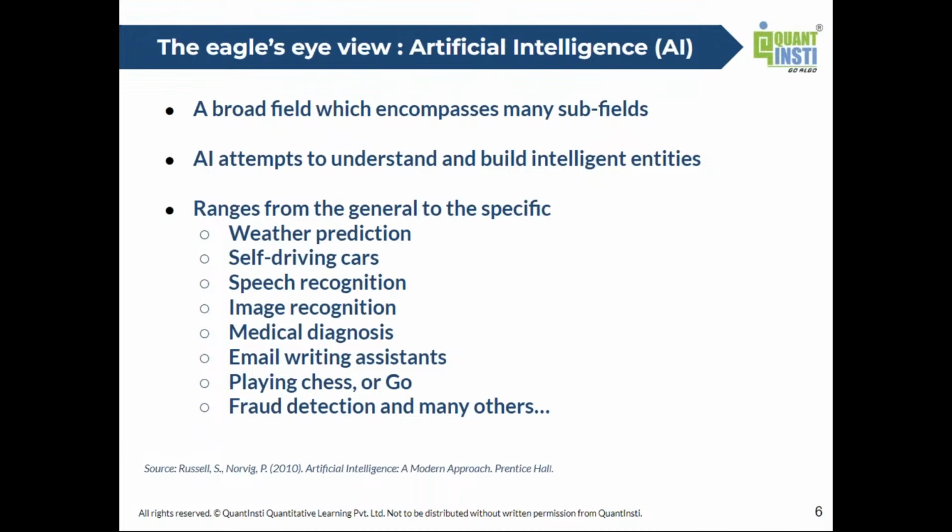So as a field, you're trying to create or understand entities which have nearly human intelligence, in terms of the things they can do. So things like weather prediction, autonomous cars, driverless cars, speech recognition, image recognition. So various fields that would be applications of AI in different contexts.